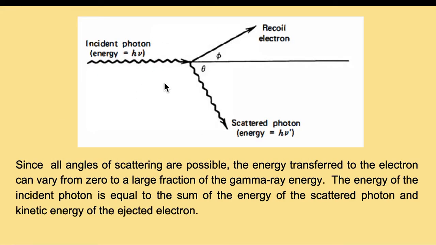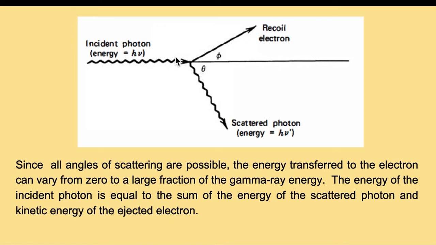And this is the figure. An incident photon is incident here, so that energy is given to one of the electrons. So that electron is moving to this side, and this is the recoil electron.